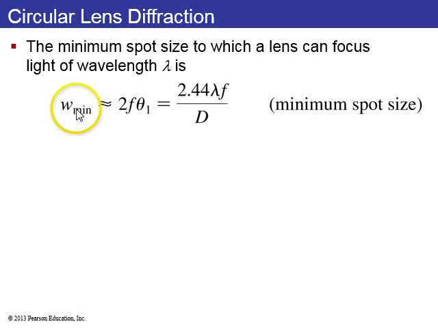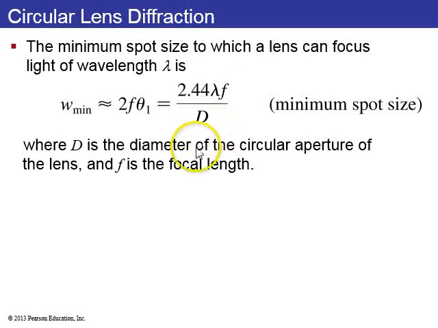The minimum spot size, or diameter of a spot, is 2 times f times theta 1. So it's 2.44 times lambda times f over d. For a point source, like a very, very distant star, you'll get a spot of diameter which is related to the wavelength, the focal length of the system, and inversely proportional to d, the diameter of the lens.